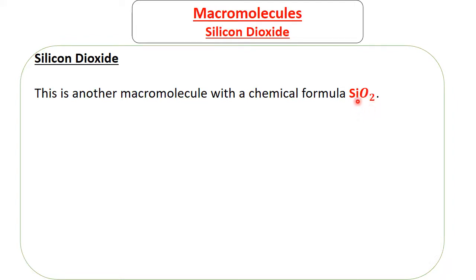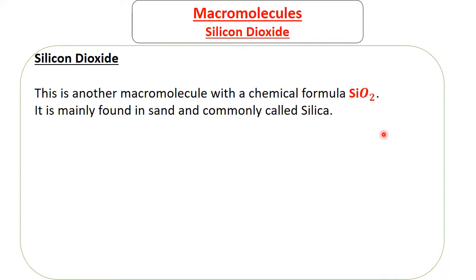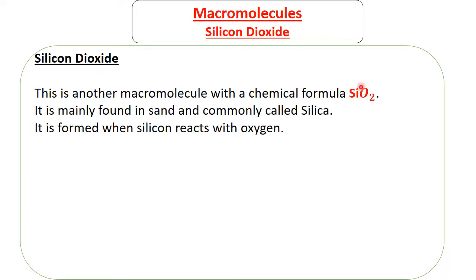You can even imagine this to be something simple like one silicon with 2 oxygen atoms, but it has the behavior of carbon which allows it to form many bonds with itself, therefore resulting in it being a macromolecule. It is mainly found in sand and commonly called silica. So the sand that we know is made of silicon dioxide. It is formed when silicon reacts with oxygen, as you can see from the chemical formula.